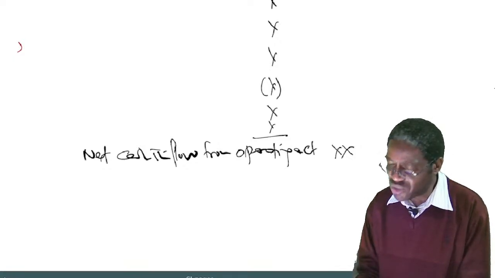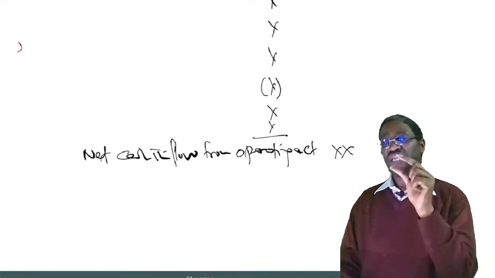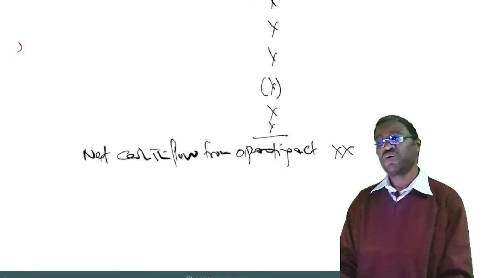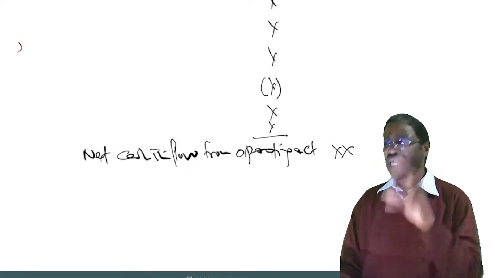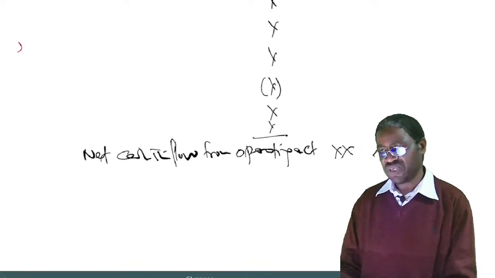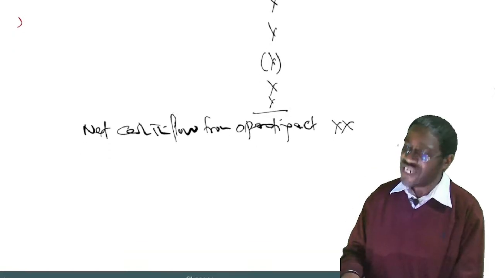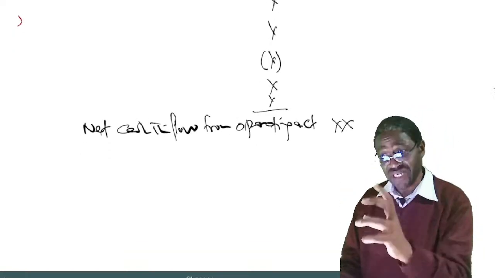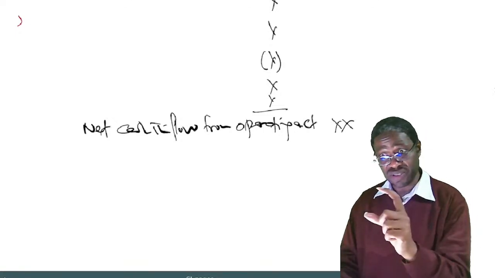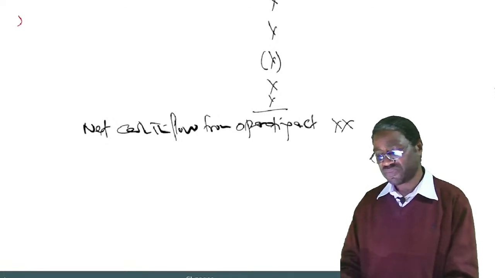If it was a negative, you used to call it net cash outflow from operating activities. So it could be positive or it could be negative.